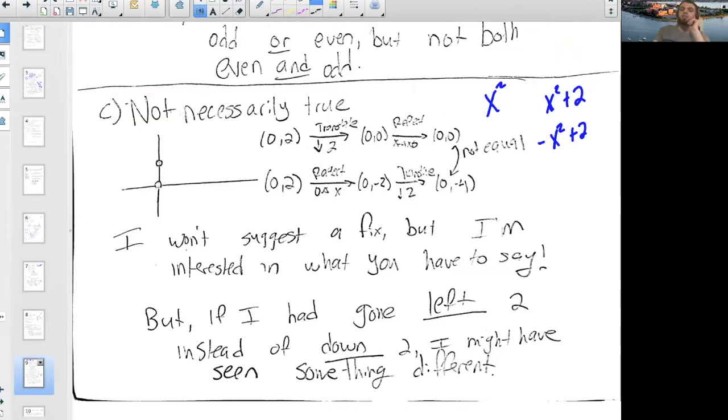But if I did the flip first, it would look like this. And then so actually no. Let's go back. Start again. So we'll start with x squared. Okay, so again, if I first translate it up by 2, it becomes this.